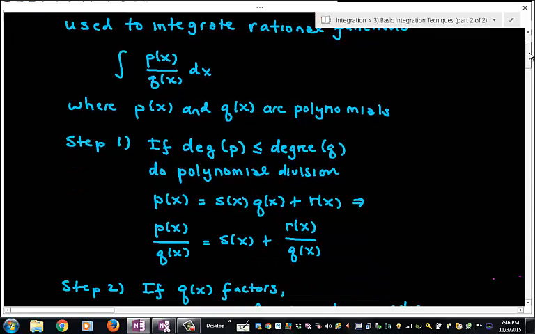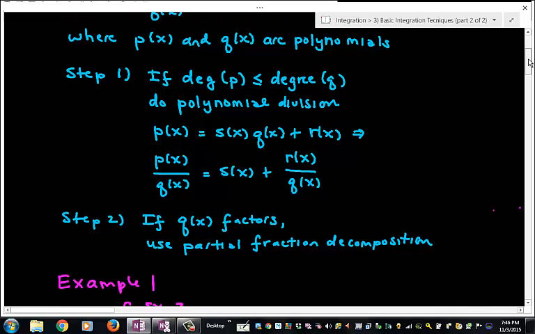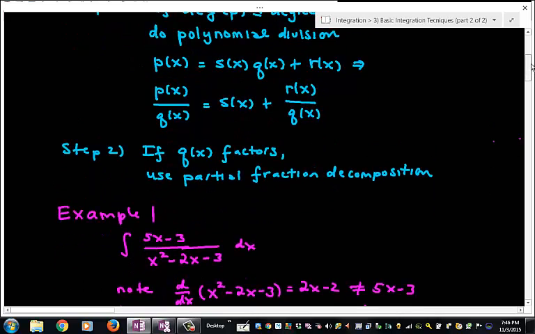So first we have to make sure that the degree of the numerator is less than the degree of the denominator, otherwise we have to do polynomial division. And we also have to suppose that the denominator is going to factor. Otherwise, there's nothing to do partial fraction decomposition with. And then once we get to partial fraction decomposition, we simply integrate each term. Let's see how this works with an example.